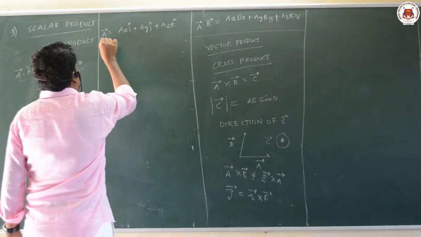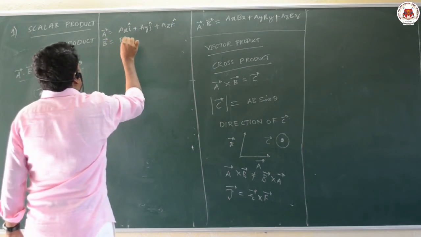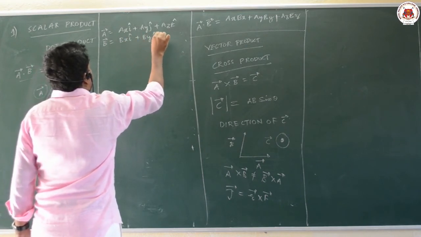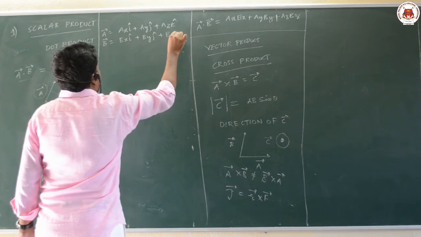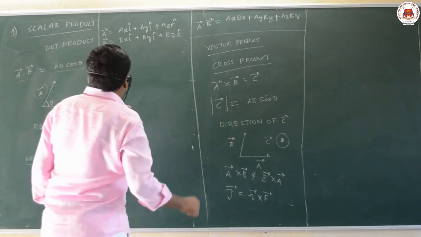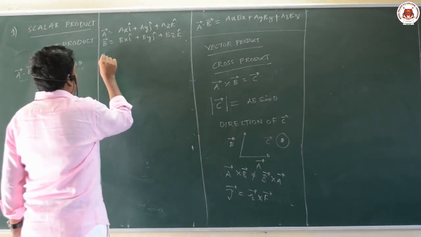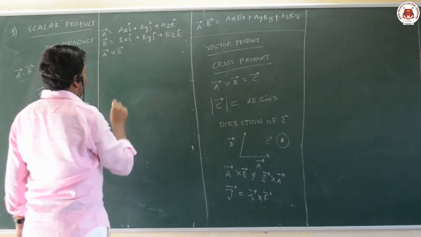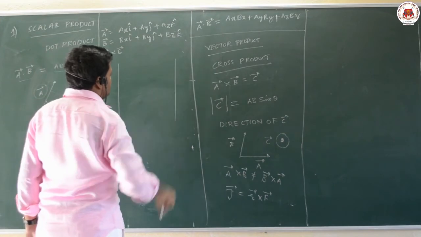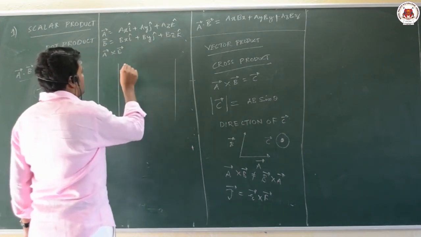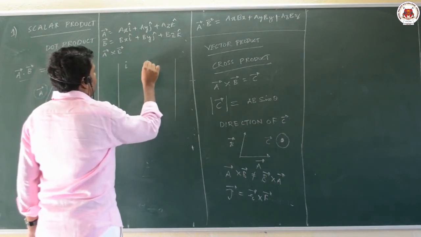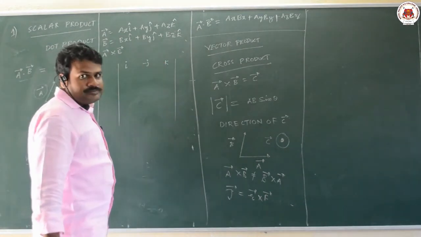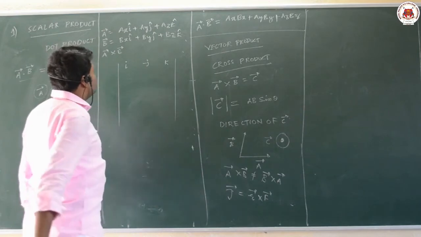B bar is equal to bx i cap plus by j cap plus bz k cap. You want to do a bar cross b bar. So you can write like this. You take a determinant form, i, minus j, k.